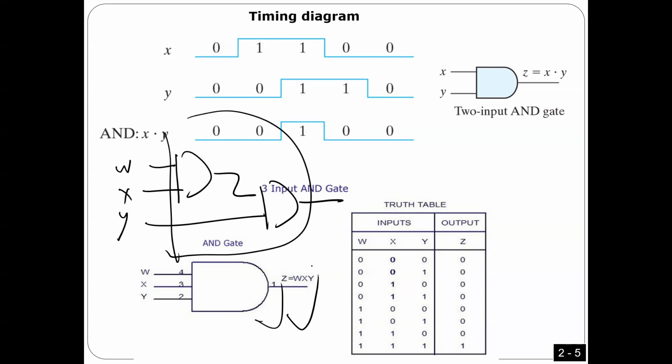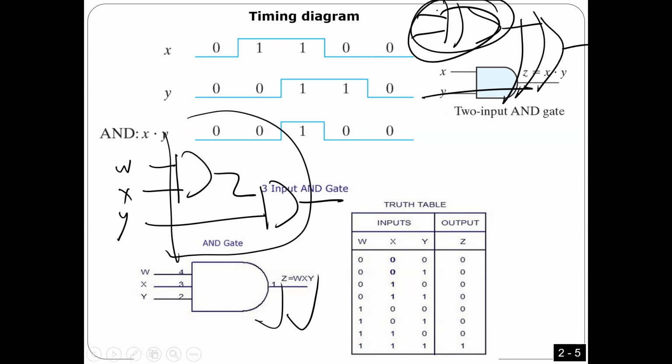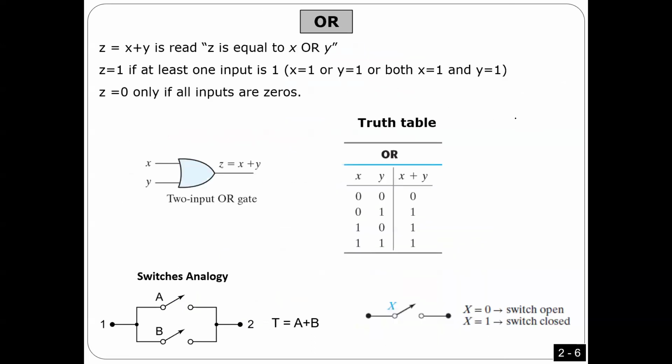You can't do this in all gates. For example, as I'm going to explain later in this course, we have something called exclusive OR. In exclusive OR, you cannot have three inputs, but if you have three inputs, it has to be done in two phases. Every gate has to have two inputs. Hopefully you are not confused. What I'm saying is, in case of AND, same thing for OR.